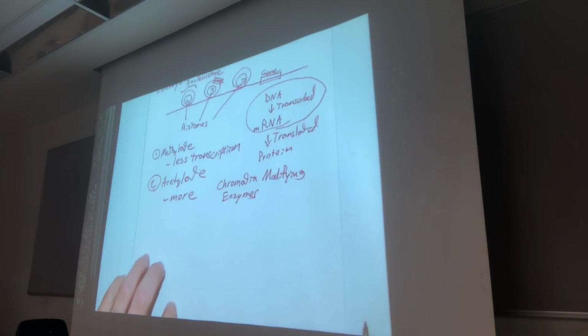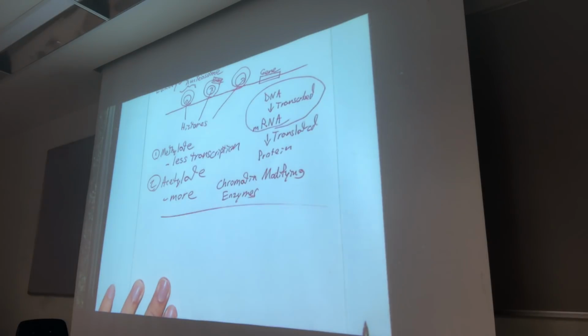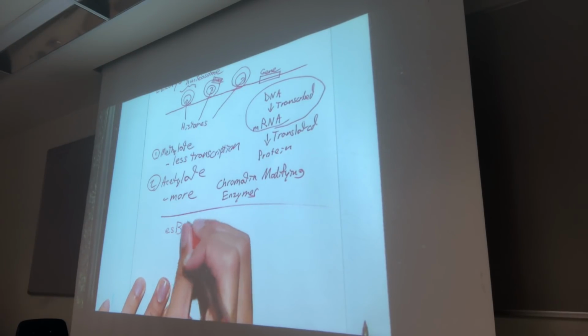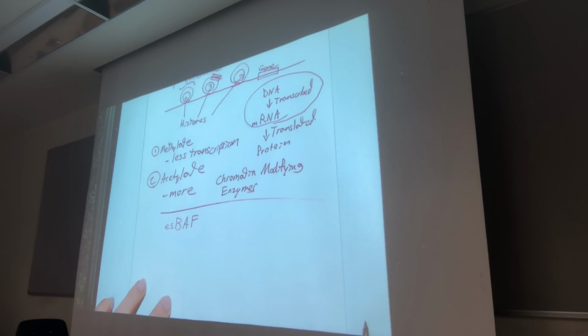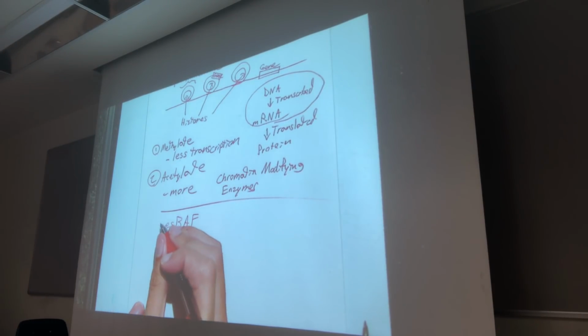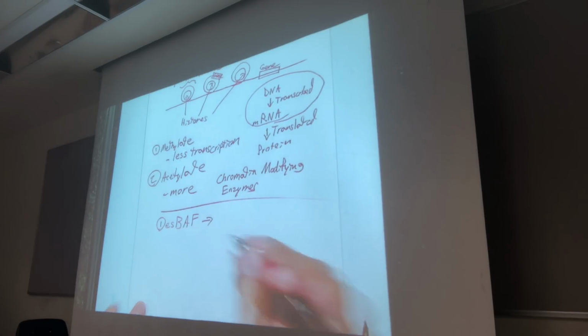And one of which we're going to go over in a second, I believe is called ESBAF. I don't know what it stands for, but I'm going to jump to the PowerPoint slides in a second so you see what I mean. But this one is an example of a chromatin modifying enzyme. And there are drugs that we can use to inhibit this particular enzyme, just to see the downstream effects of inhibiting it. So, to illustrate this, let's go back to the slides.